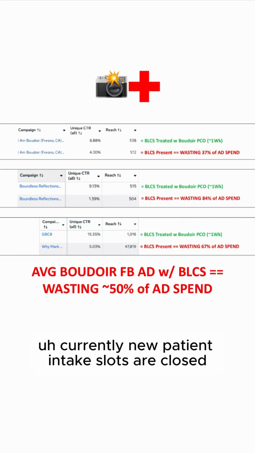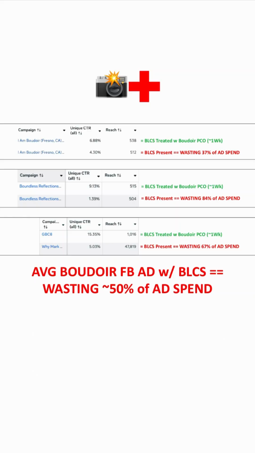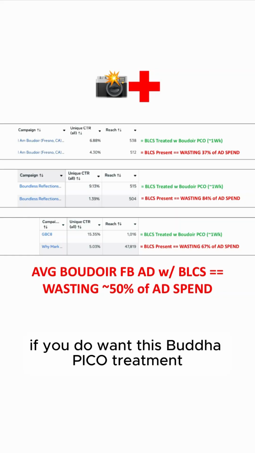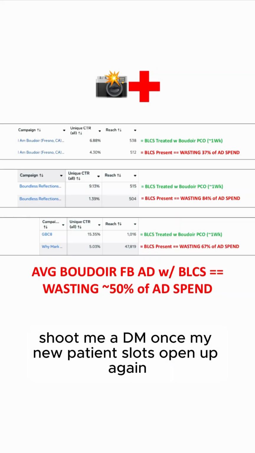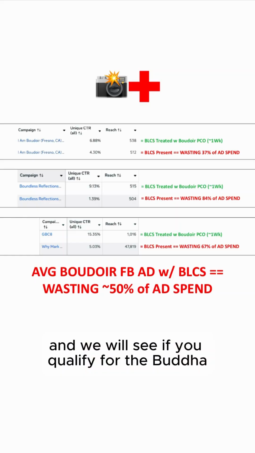Currently, new patient intake slots are closed. So if you do want this Boudoir Pico treatment, shoot me a DM once my new patient slots open up again, and we will see if you qualify for the Boudoir Pico treatment.